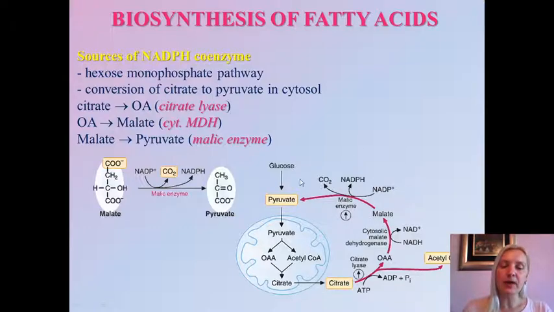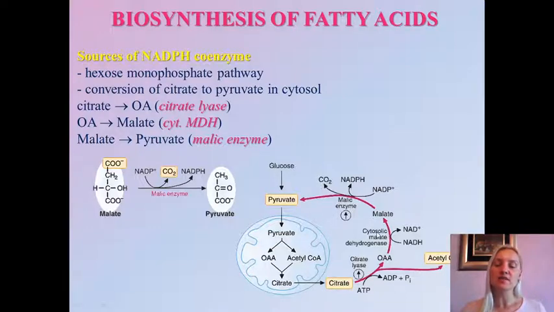So I'm going to get back to the figure and do some additional explanations. So when citrate enters cytosol, it undergoes degradation by citrate lyase, and ATP molecule is used for the purpose to give oxaloacetate and acetyl coenzyme A for fatty acid biosynthesis. Oxaloacetate further undergoes reaction which is very well known to us from gluconeogenesis and Krebs cycle.